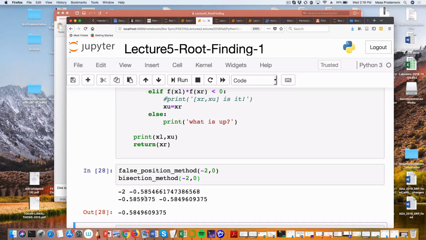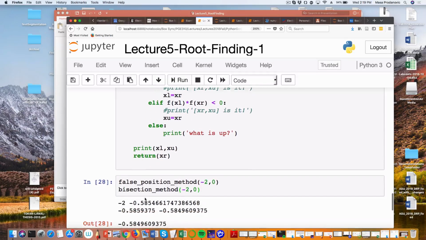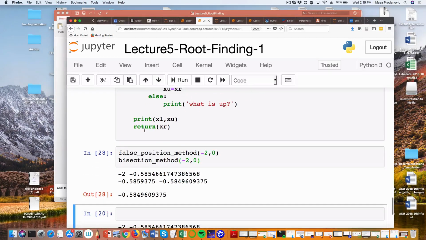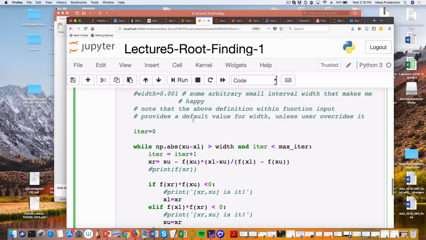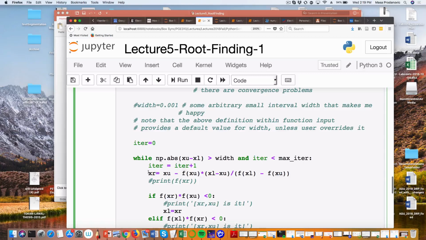Here I'm returning only one value. Both of the methods will come up with a pretty similar root. Okay? And again, the only thing that has been changed is how I pick this iteration.